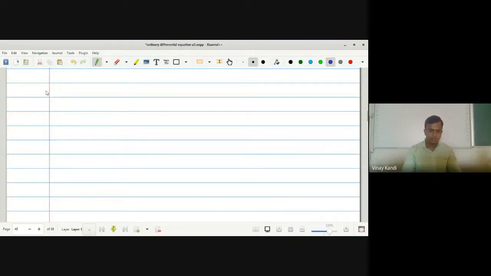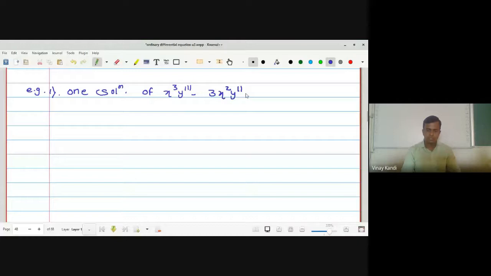This one is the example. One solution, example number 1. x cube y triple dash minus 3x square y double dash plus 6xy dash minus 6y is equal to 0 for x greater than 0 is phi 1 of x is equal to x.